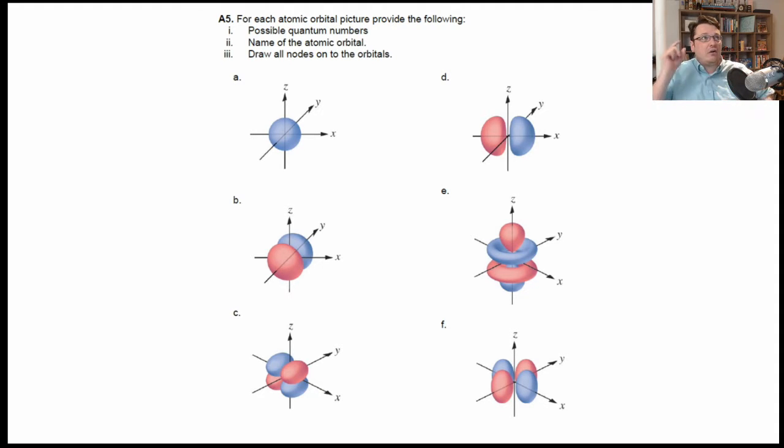And so that already gives you those two important parts, telling you whether it's an s orbital, a p orbital, d orbital, f orbital, g orbital, h orbital, any of those things. You can figure those out from the angular nodes. And then by looking at how many radial nodes you have, you can figure out whether you are at the 1s, the 2s, the 3s, the 4s, and so forth. You get all of those from there.